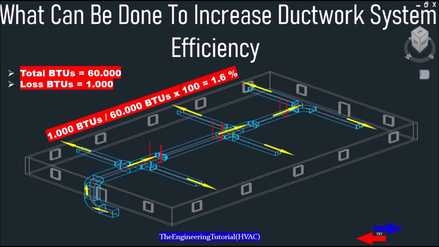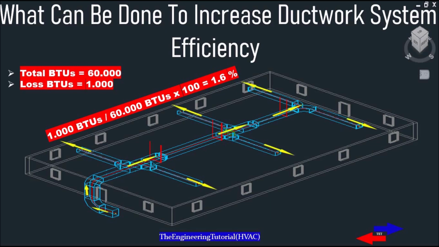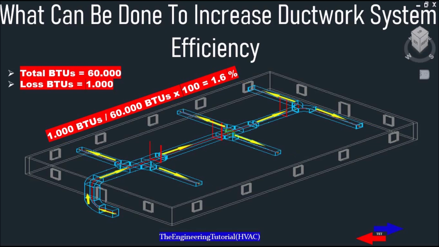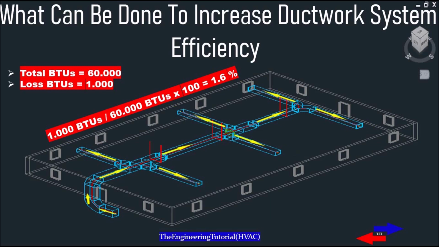So this means the system is around 99% efficient at base. So the 1.6% of heat loss could be due to inadequate insulation or leaks in the system, such as fittings, transitions, or some resistance to the airflow.